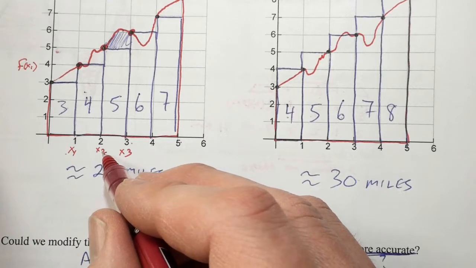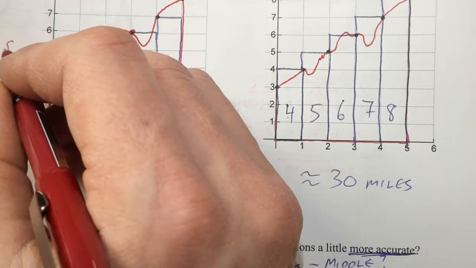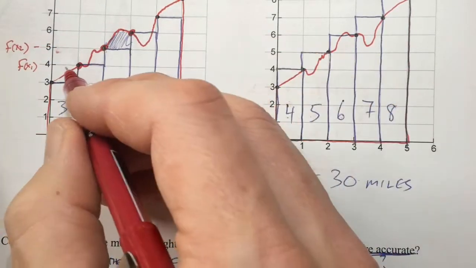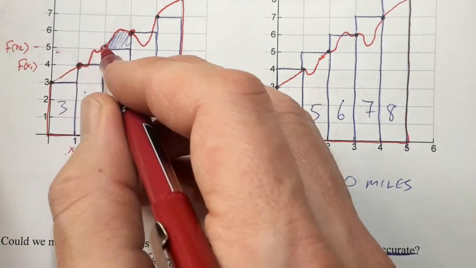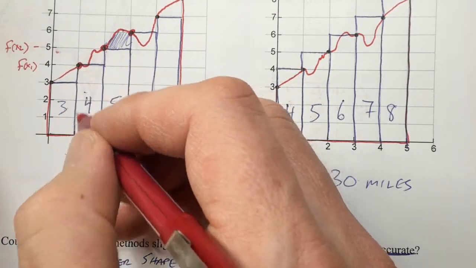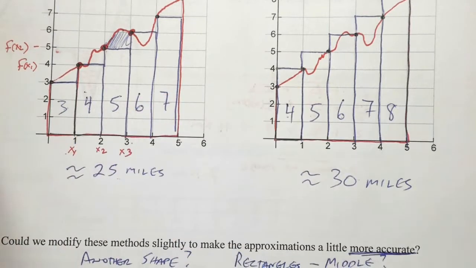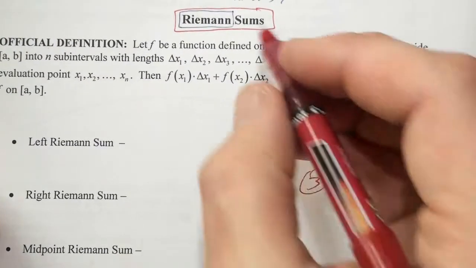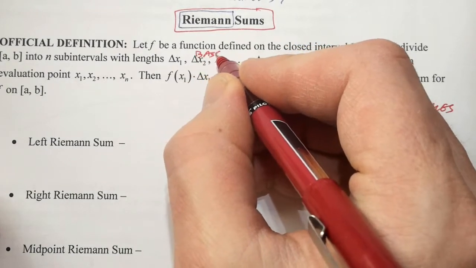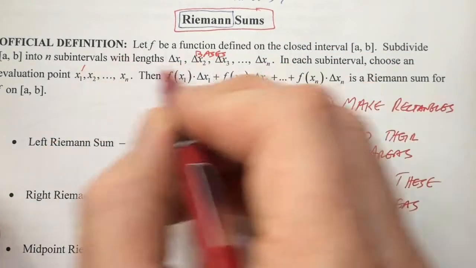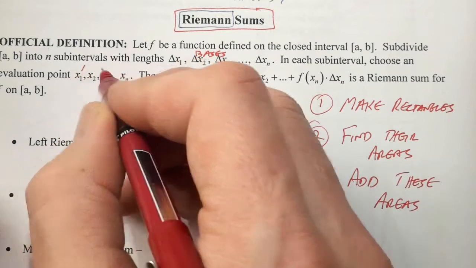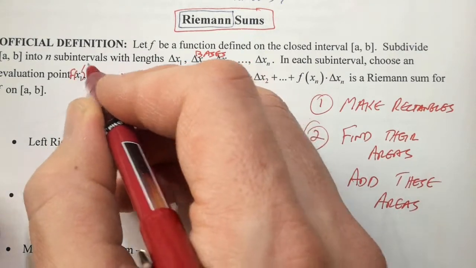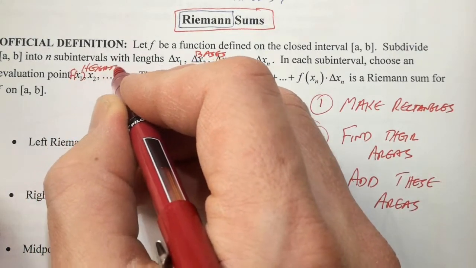And if this is x sub 2, then this happens to be f of x sub 2. So we're getting the function's values. The function's values are the heights of our rectangles. All these delta x's, these are our bases. These are the points leading to the heights. The heights are actually f of x sub 1. These are the heights.